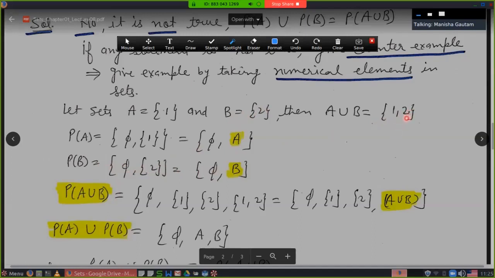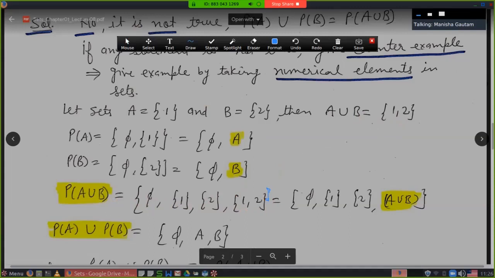It means 4 subsets you can make of this set A union B. Put all those subsets in the power set of A union B, then you will get the power set of A union B: empty set, the set having element 1, the set having element 2, then {1, 2} itself. I have forgotten a bracket here, one more bracket should be there. Write down the bracket here also.